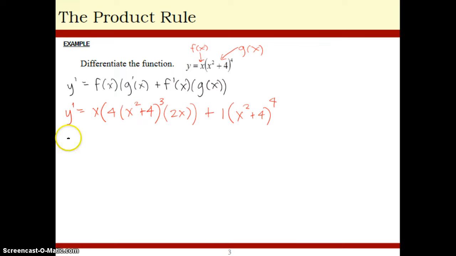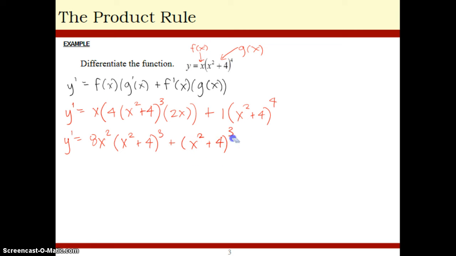Okay, so now the tricky part of this is the simplifying. Do you see that we have 8x squared, I'm multiplying the 4 times 2 and the x's, times x squared plus 4 cubed, and then this is plus x squared plus 4 to the fourth.